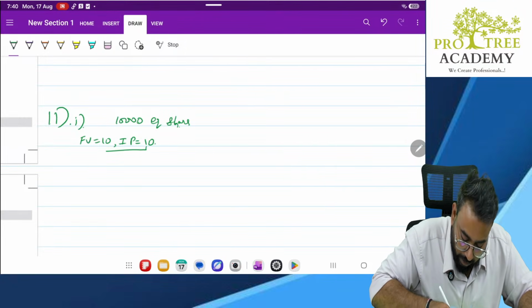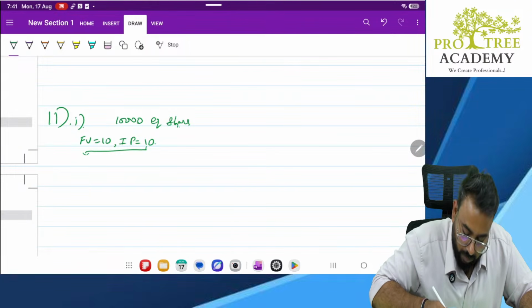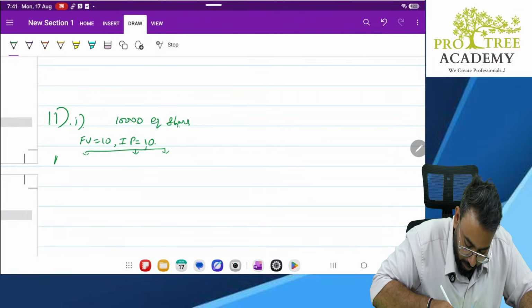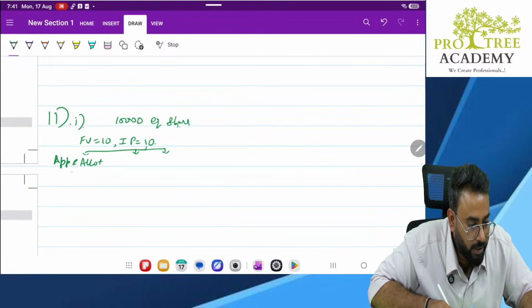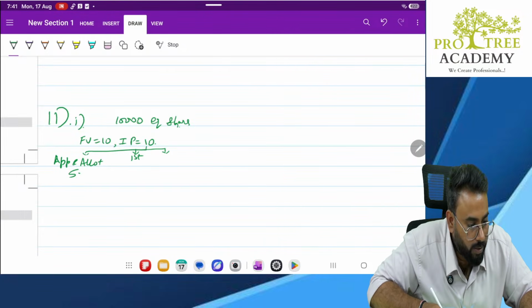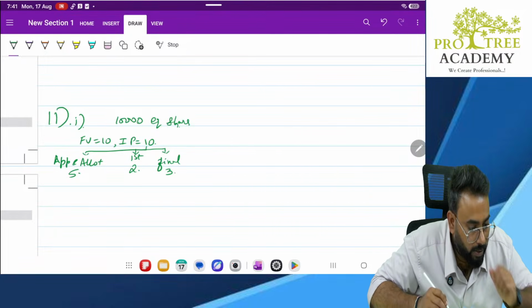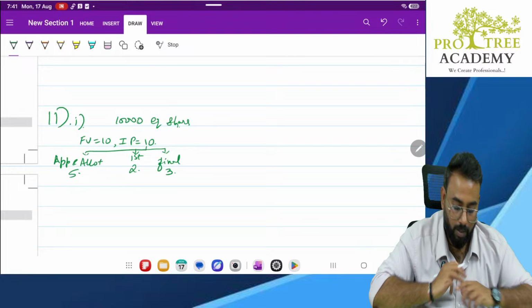Now, this 10 will be split. Application and allotment, how much? 5. First call, how much? 2. Second call or final call, how much? 3.